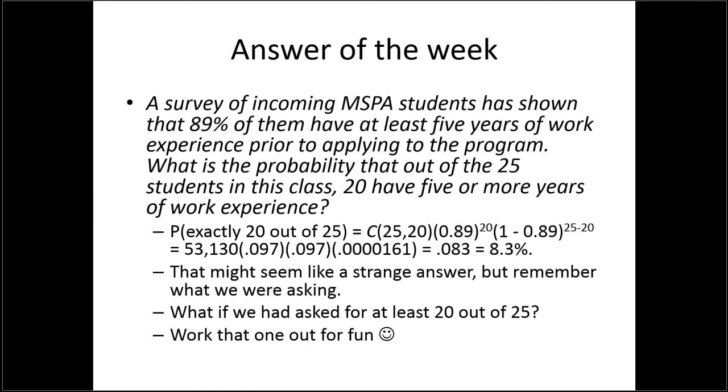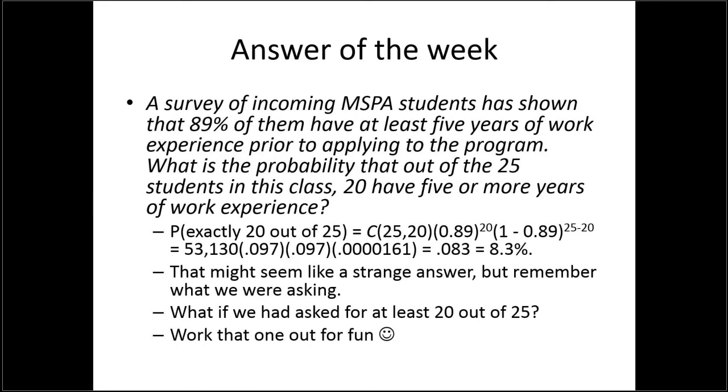And you should check, this is indeed a binomial problem. It satisfies all of our conditions. Either they do have 5 years or more experience, or they don't. We're looking at a fixed number of people. So everything is satisfied there.